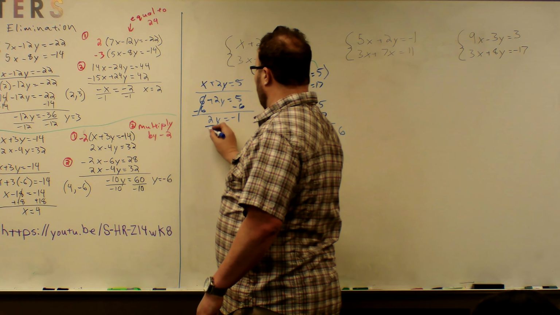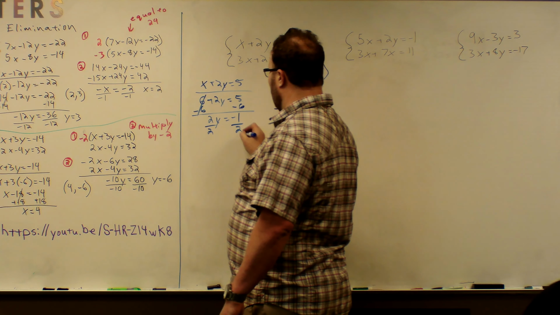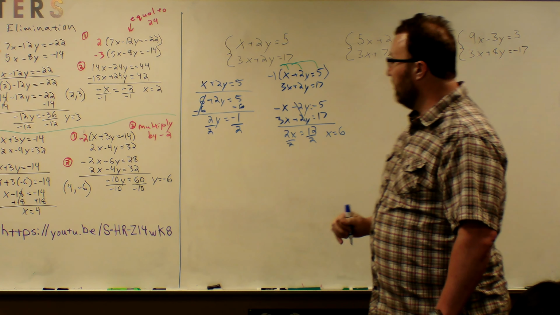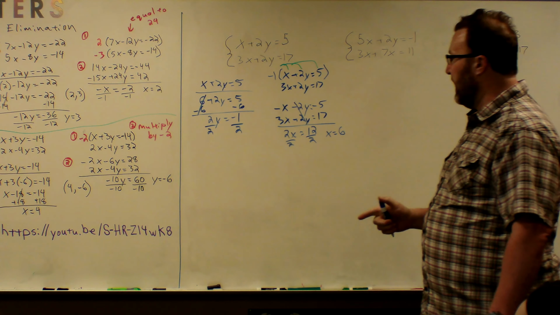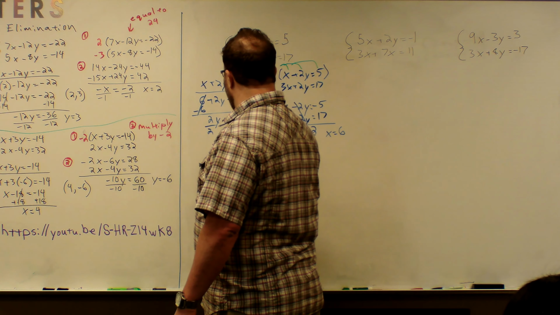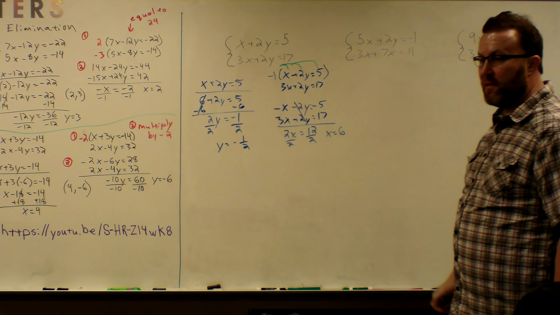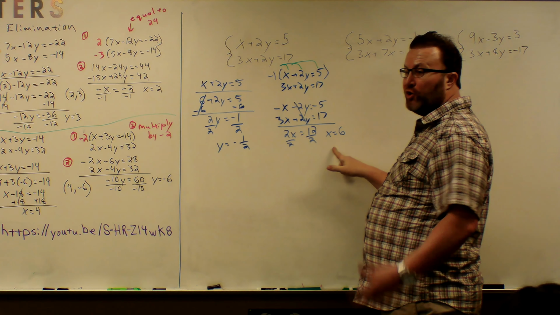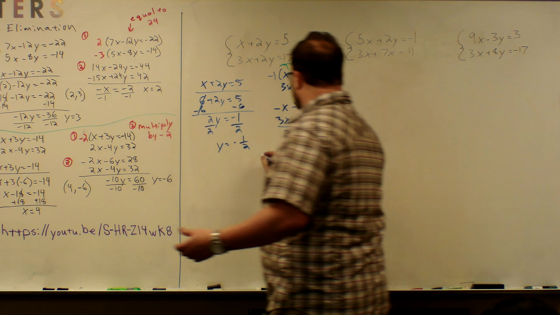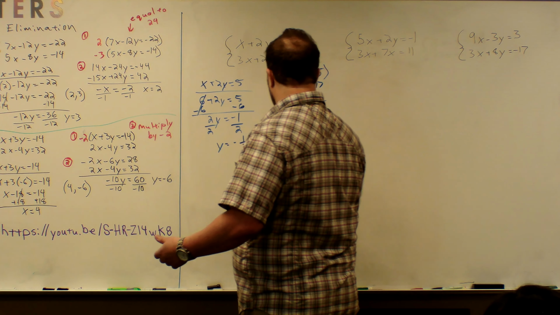We're going to divide by 2, because that's what Naomi did, and then she's going to divide this by 2. Now, Naomi looked at that and said, oh, I know what to do with that. That's a negative and positive. So how I simplify that is y equals negative 1/2. Good job, Naomi. So now, very last thing is, we're just going to state the ordered pair. So our ordered pair is 6, negative 1/2.